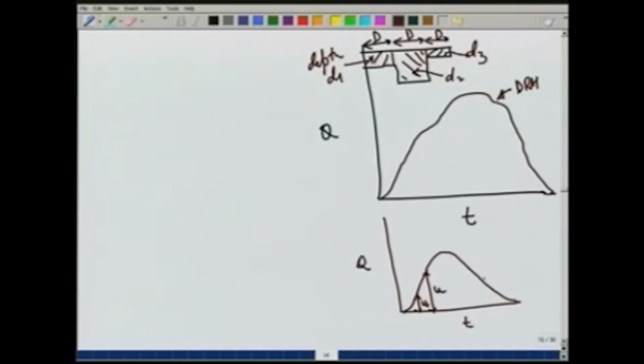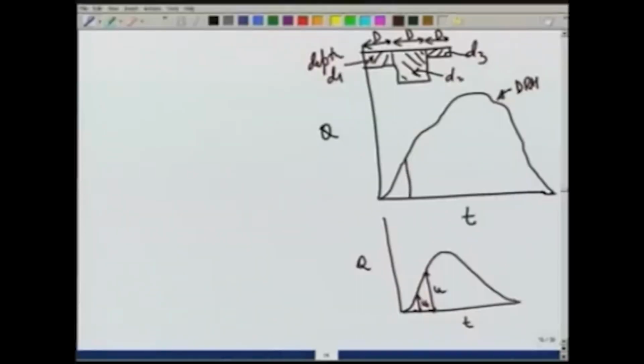Now, this is kind of inverse to what we were discussing till now, and what we want now is to estimate the values of u1, u2 etcetera, given the direct runoff values, let us say q1, q2 at intervals of d, like this.